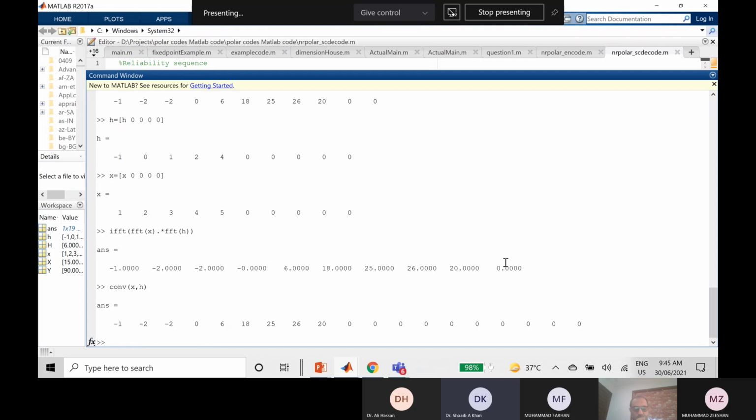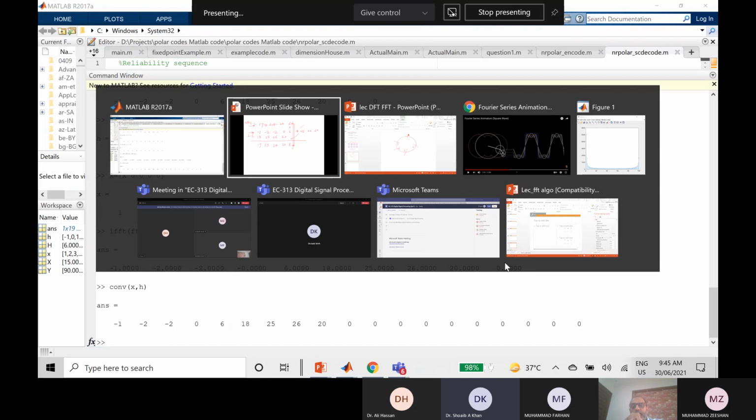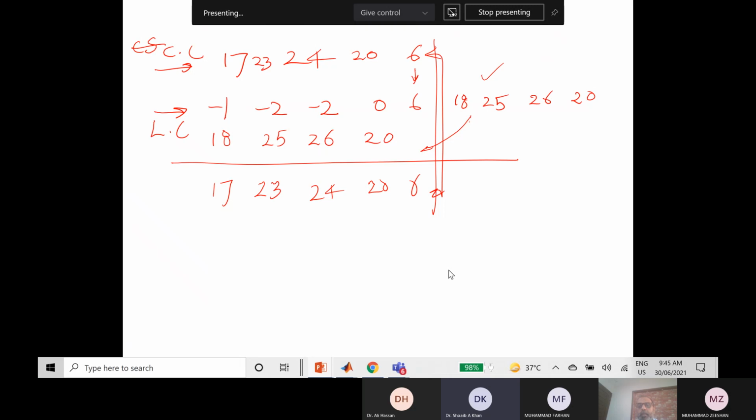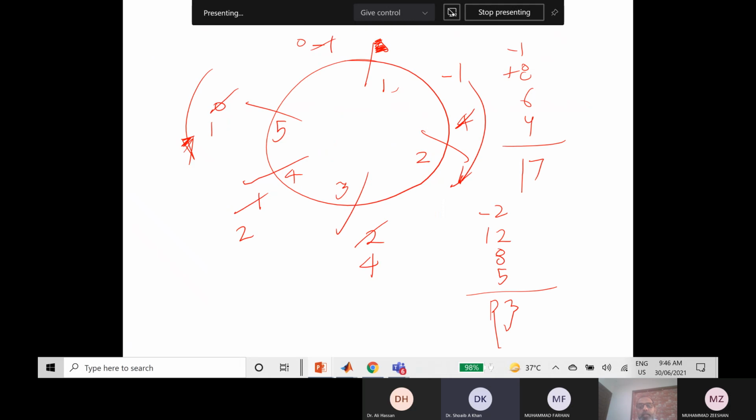अच्छा, so the trick is while you are computing circular convolution, like you are using FFT to compute the linear convolution, all you have to do is append the requisite number of zeros. यहाँ पे जो था सिग्नल, एक सिग्नल था 1 2 3 4 5 और 0 0 0 0.